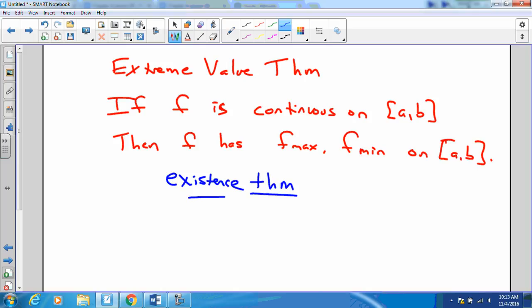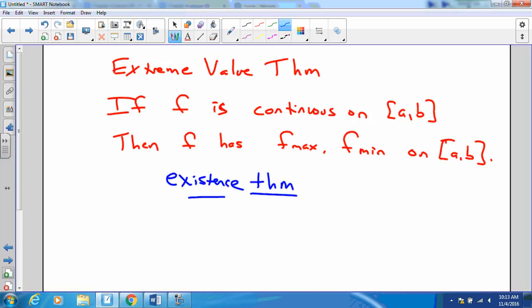So without some additional reasoning here, I would be reduced to finding my max and min by walking through the entire interval a to b and choosing each x from a to b and saying, are you my max? No. Are you my max? No. And what's worse is that I wouldn't even necessarily know until I got to the end, so I'd be plugging in an infinite number of values.